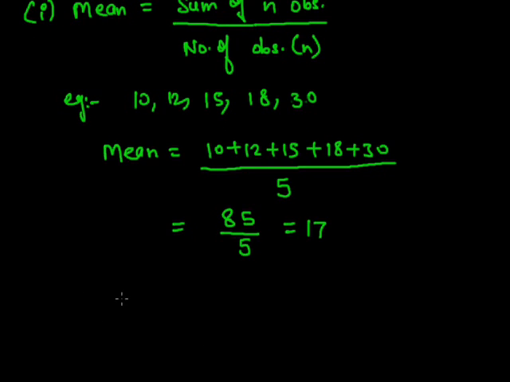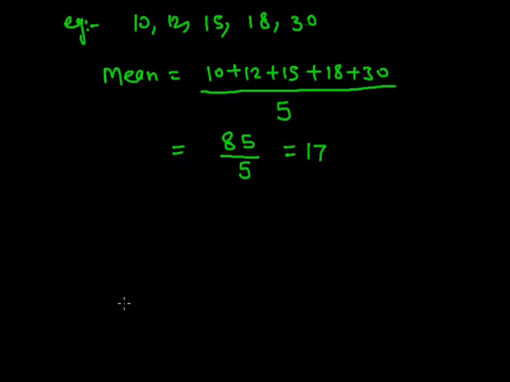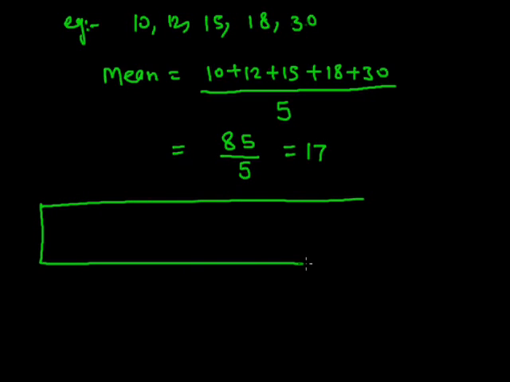But this is the case when individual numerical data is given. But sometimes there is a case when the frequency is given with the class marks. Let's take one more example here.